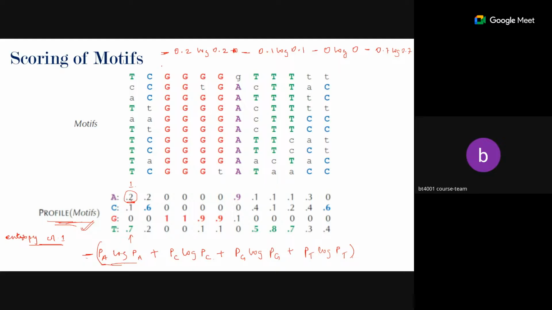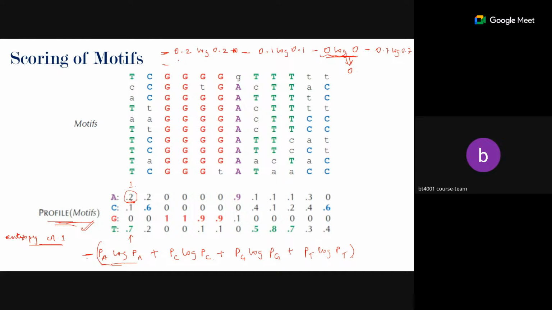Okay, so for this particular case, the logarithm of 0, as we know, is minus infinity. But because it is 0 times minus infinity, we are going to consider this as 0. So now this value will be equal to 0.